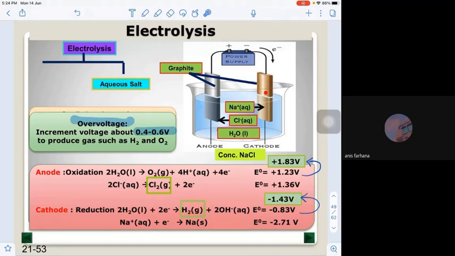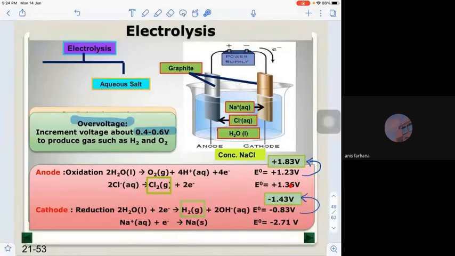There is no problem for the cathode. Even if we don't consider the overvoltage, we can see the large difference between the E naught values. It is for the case of the one that has close E naught values that we have to consider overvoltage. Then suddenly the H2O's E naught is greater than this, more positive than this, which makes chlorine to be produced.